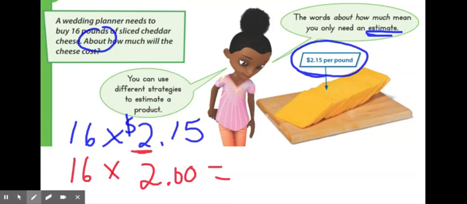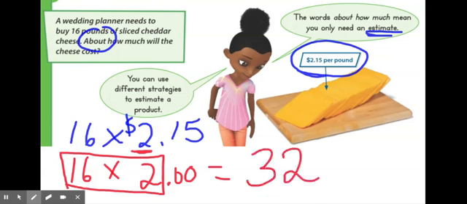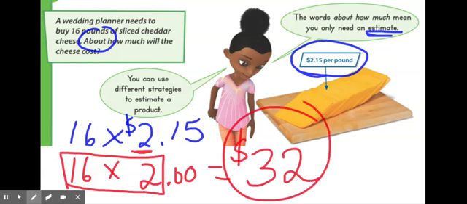Go ahead and try it out. What is 16 times 2? Well, by counting by 2's, we can multiply 16 by 2 and get 32. So we can say, well, we would need about $32 to buy this cheese, 16 pounds worth of cheese.